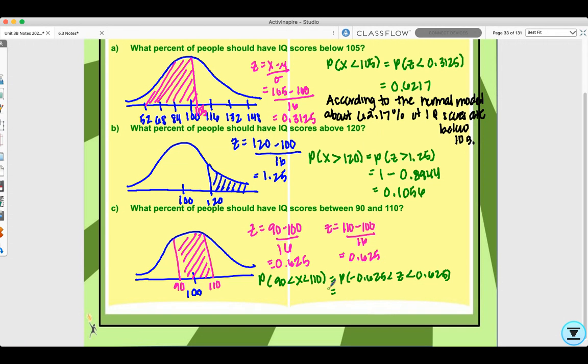And then when you go to your table, when you look at 0.625, you would get 0.7357 minus 0.2643, and we would get 0.4714.